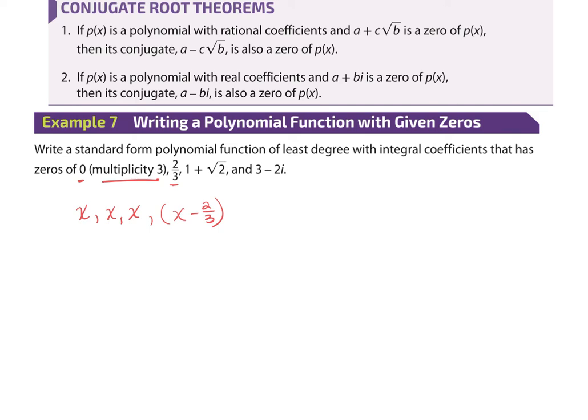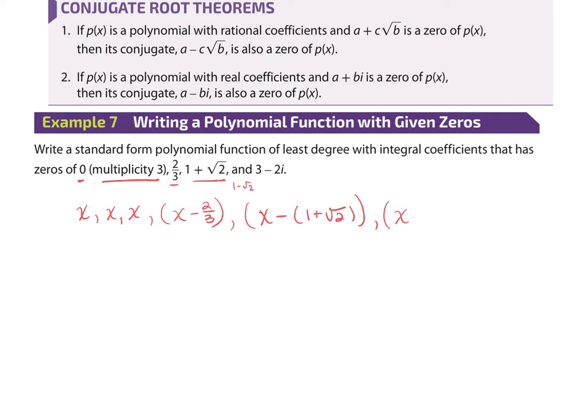Then I am going to have the 1 plus the square root of 2. Well, that's going to be x minus 1 plus the square root of 2. But this guy is going to have a pair. It's going to be the conjugate. If they give me this one, then I automatically know that 1 minus the square root of 2 is going to also be a 0.